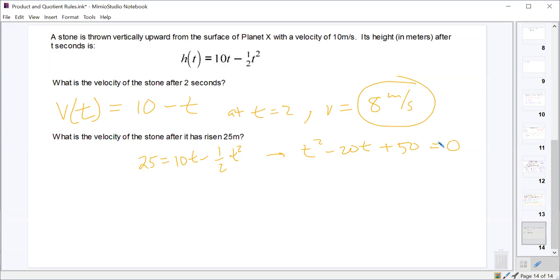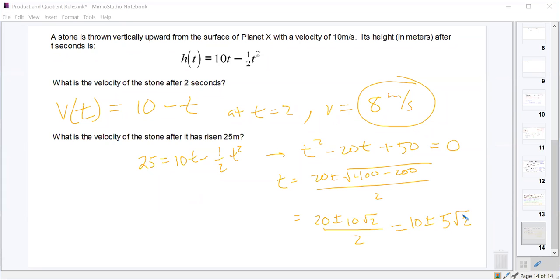Yep. This doesn't factor nicely, so we'll use the quadratic formula: 20 plus or minus the square root of 400 minus 200, all over 2. That's 20 plus or minus root 200, which is 10 root 2, over 2, or 10 plus or minus 5 root 2. Everybody agree with all that? There are 2 times at which this stone is at a height of 25 meters.